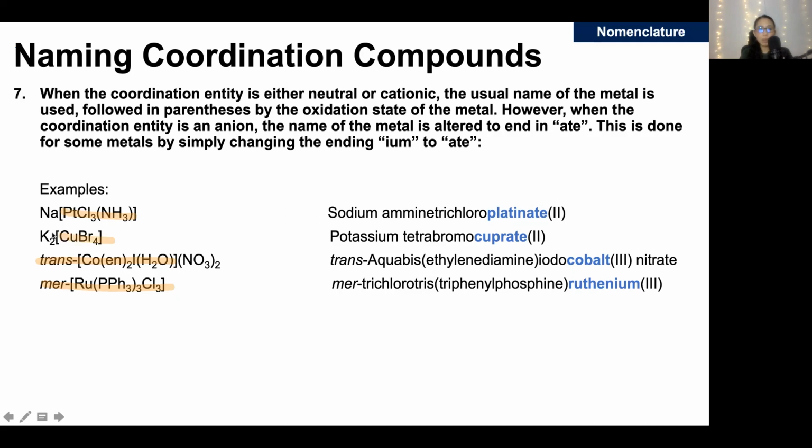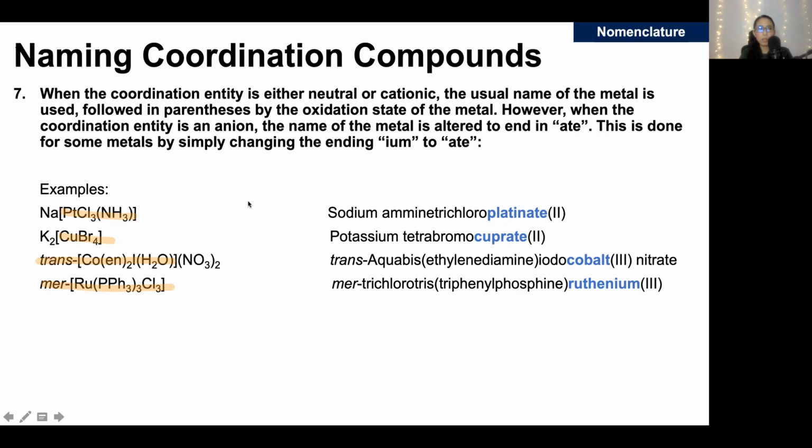In the second example, the anion is also a complex, but you don't write copper, you write cuprate, followed by the oxidation state. So you see the difference. So you have to be able to distinguish if in the compound, the cation is a complex, or the anion is a complex, or do I have a neutral complex? Or is it the case that both cation and anions are complexes?